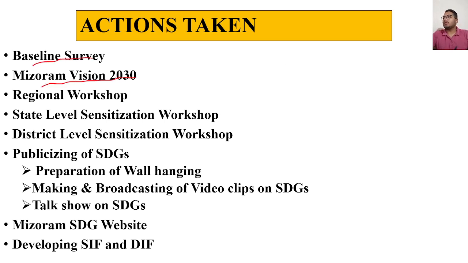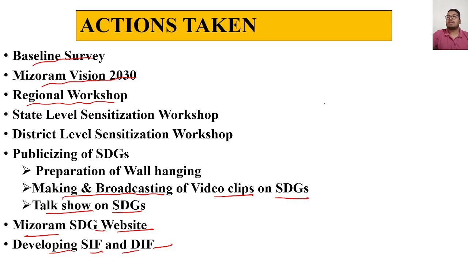Mizoram Vision 2030, regional workshop, state level sensitization workshop, district level sensitization workshop, publicizing of SDGs, preparation of wall hangings, making and broadcasting of video clips on SDGs, talk shows on SDGs, Mizoram SDG website, developing SIF and DIF. These are the actions that have already been taken or are to be taken for achieving the goals of the SDGs.